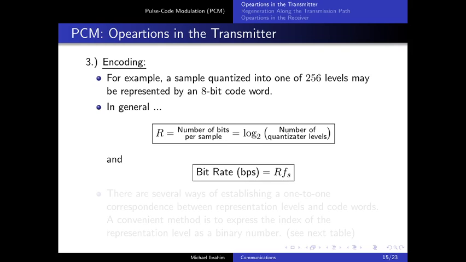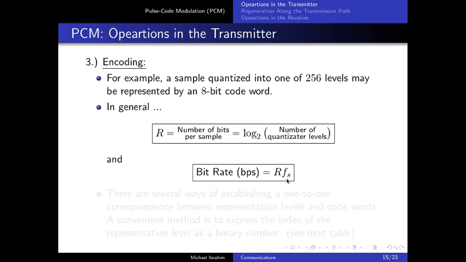If you remember from our discussion in the Fourier transform, the bit rate would be directly related to the bandwidth required. So now we can get an idea about the bitrate requirement and how it's related to the two operations we have been talking about. First, the sampling.